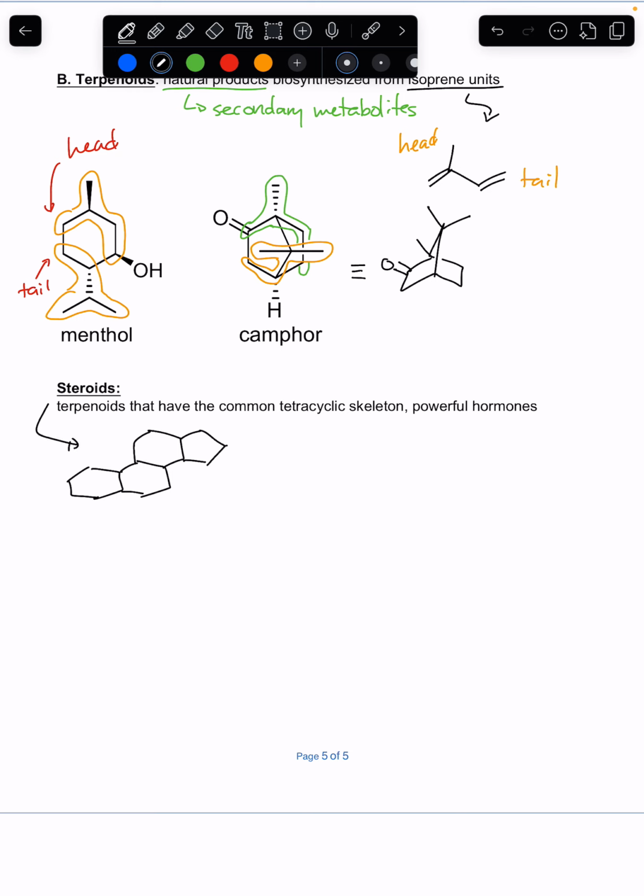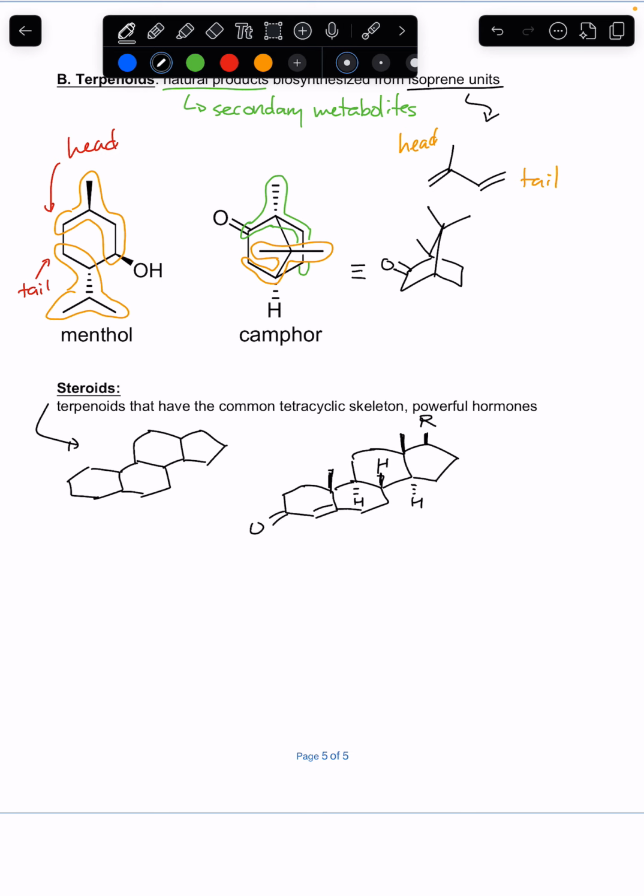Here's an example of a steroid. R group means the rest of the structure. Methyl, hydrogen, hydrogen, hydrogen, methyl, double bond, and a ketone.